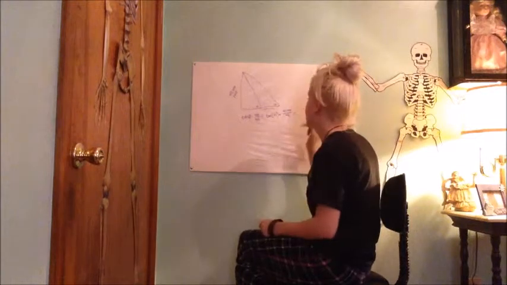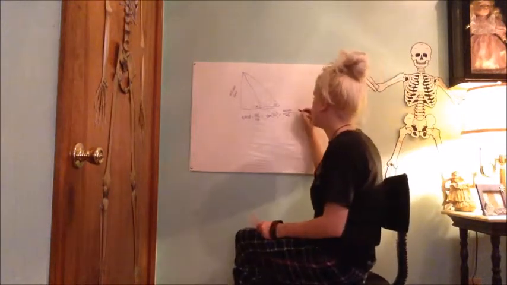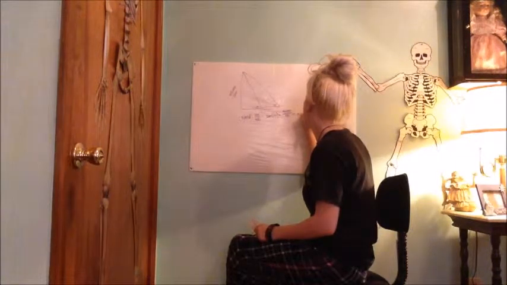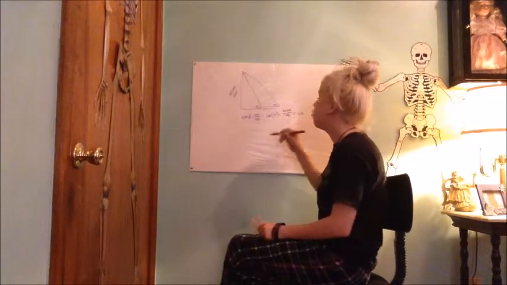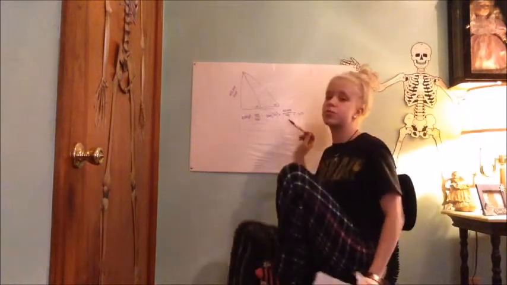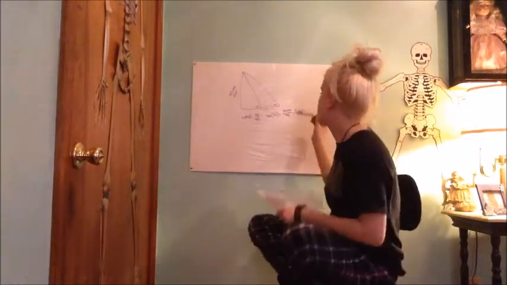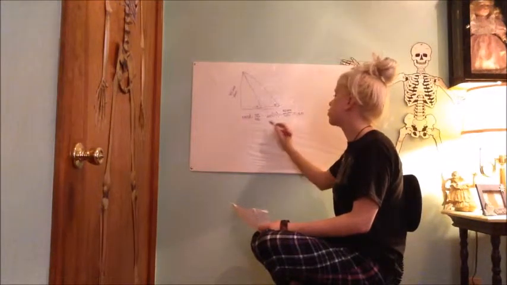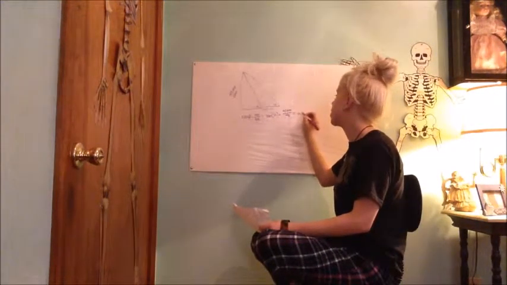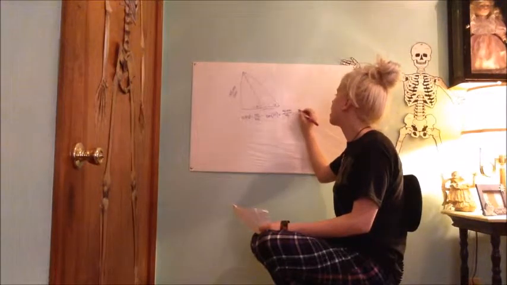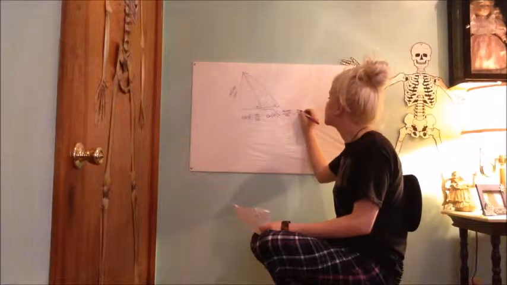But tangent 27 comes out to 0.51. We replace the adjacent portion of our fraction with what we get for tangent 27. So that is 0.51 over, and that goes to 45,000 feet.